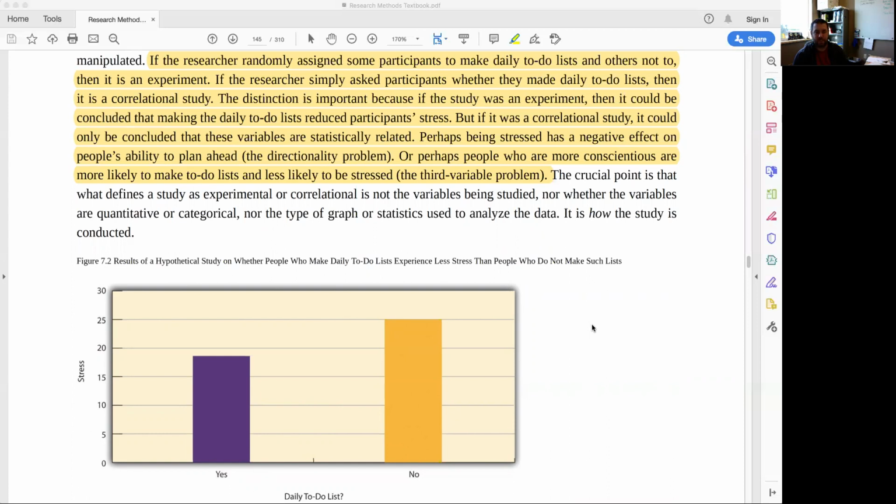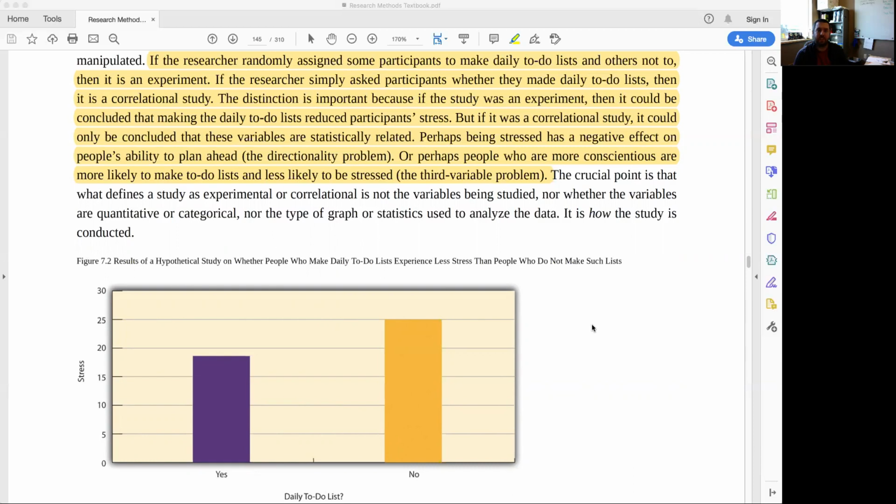Based on the chart, it looks like if you have a daily to-do list, your stress levels are lower than if you do not. On the surface that seems fine, but if you saw this on the news, they would say those who create daily to-do lists experience less stress, so the suggestion would be to develop these lists. But we need to understand how that data was actually collected. That's what the highlighted chunk focuses on.